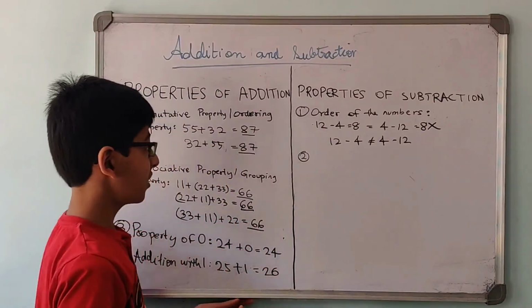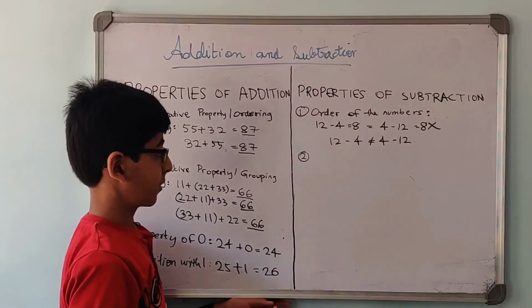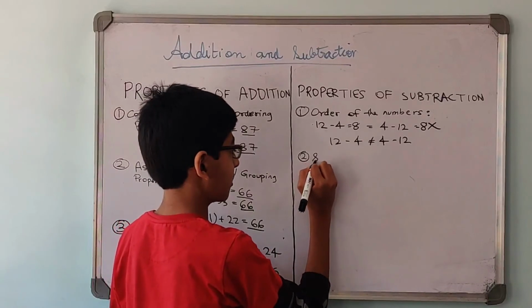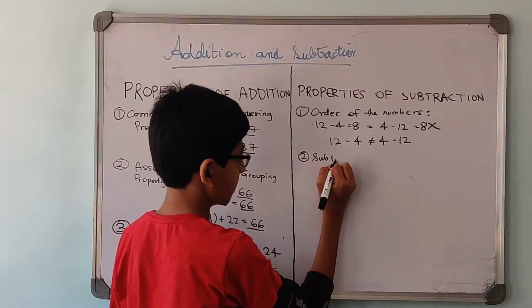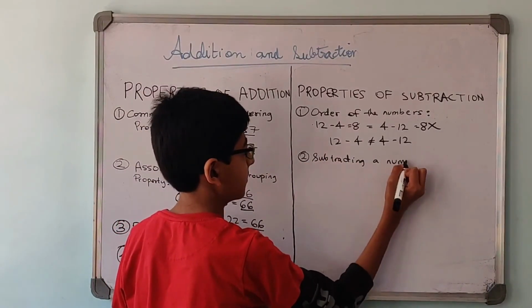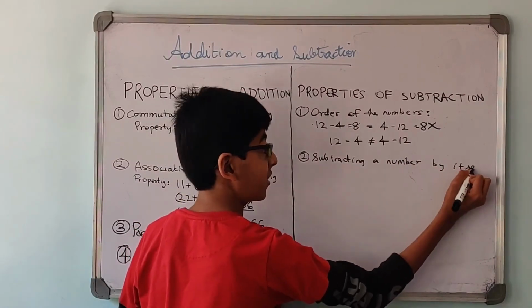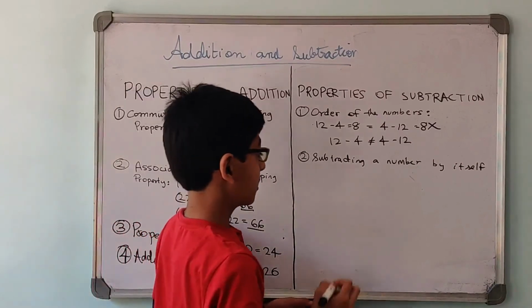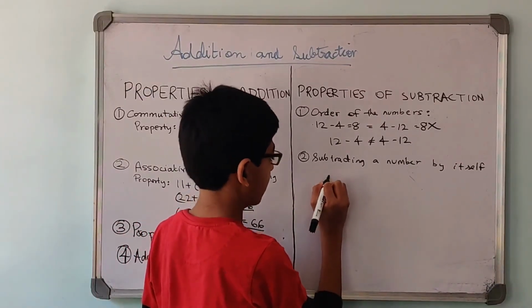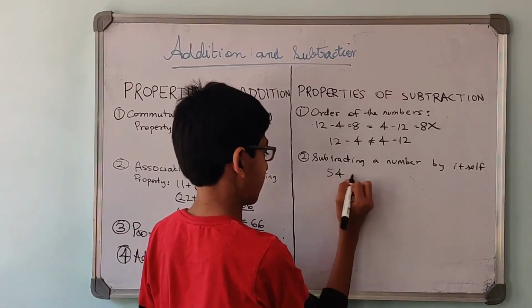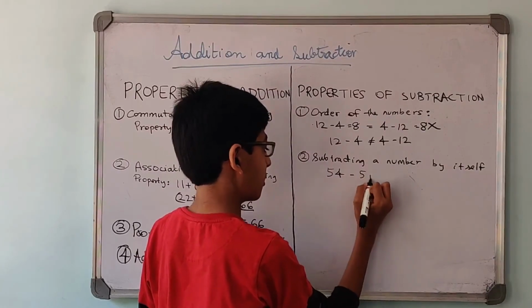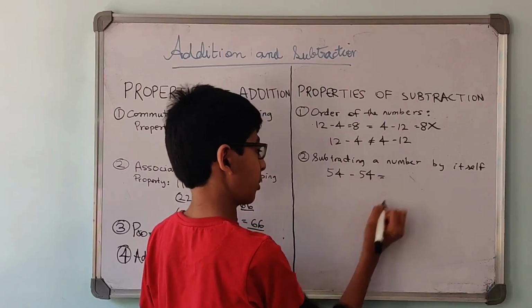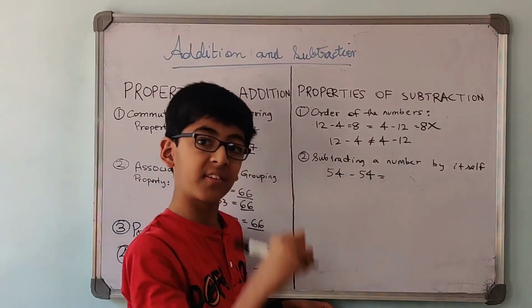Now, a second property of subtraction is subtracting a number by itself. Let us take any number, however big the number is. Let's say 54. So 54 minus 54. We are subtracting the number by itself.